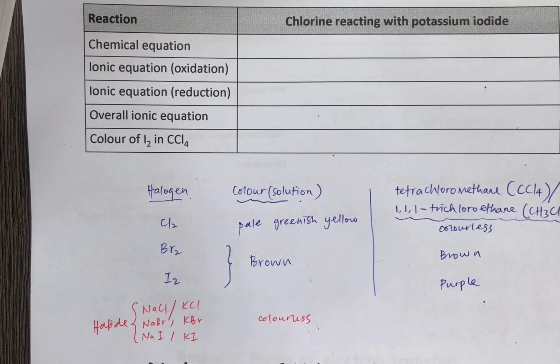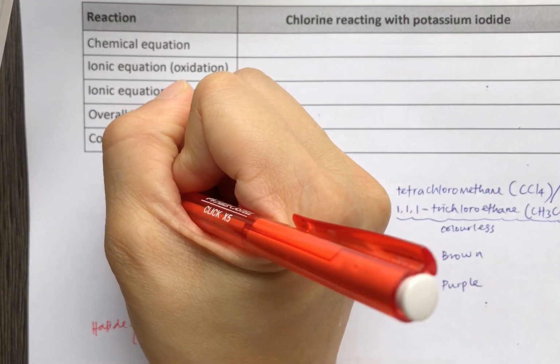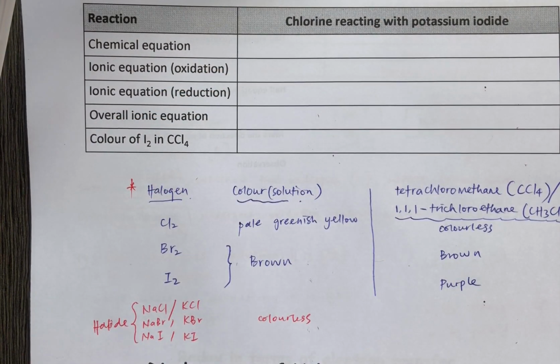When I have halogen in a compound, their solution is colorless. Please bear this in mind, because in the exam, when they ask me a question about this reaction, they will also ask me for the observation. So I have to be very sensitive to the color change.